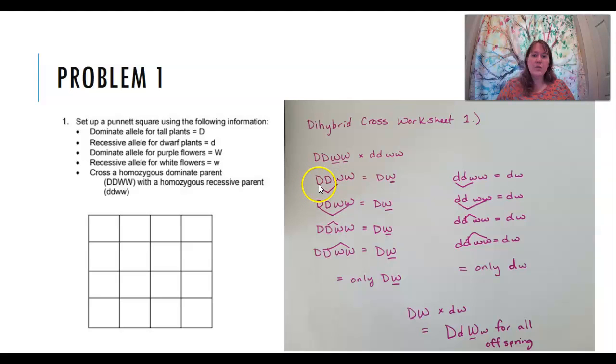So we take the first outside D and mix it with the first W, so we get big D, big W for that one.